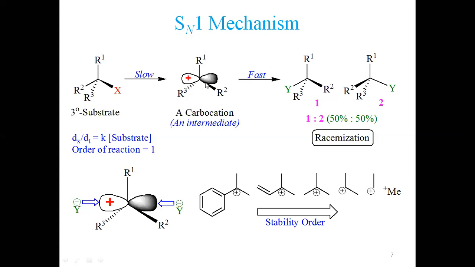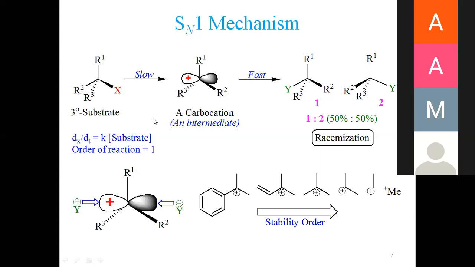This is very similar to the previous reaction with silicon or tin. Anyhow, this is one of the reactions that is very important to focus on to understand the mechanism. If we calculate the rate of reaction, dx by dt is equal to k into substrate.